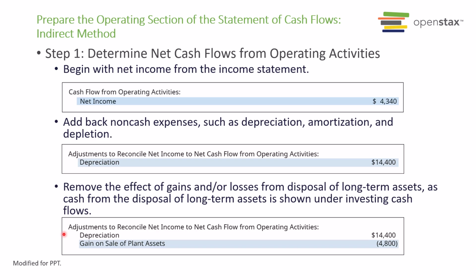If you lost money in the disposal or sale of property, plant, and equipment, you want to add that money back in. So any gains of long-term asset disposal get subtracted. Any losses from long-term asset disposal get added in. And these should always be your first lines of your cash flow statement.